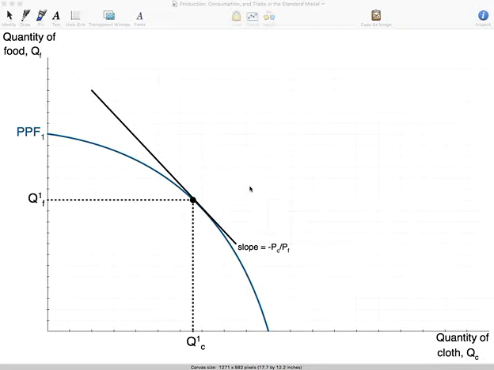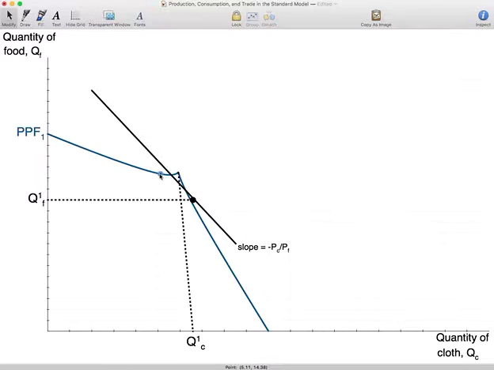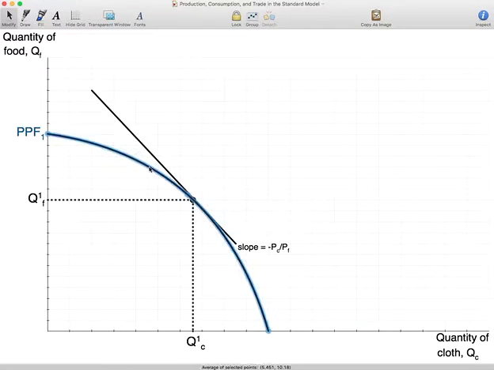But in the Standard Model, if we don't have any international trade, this is the level of production that will occur in this particular country. We will be producing where the ISO value line is just tangent to the production possibilities frontier.